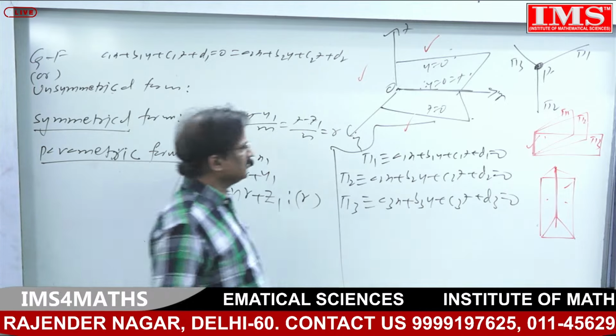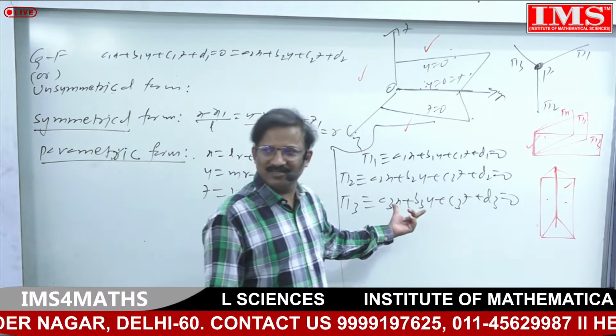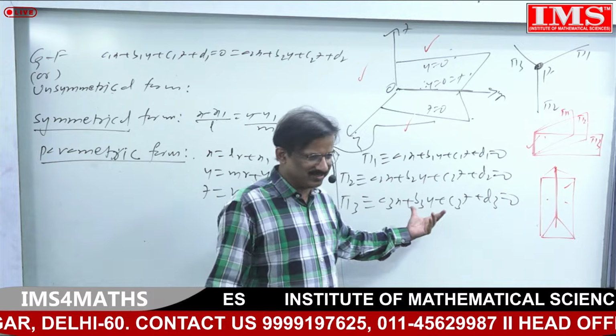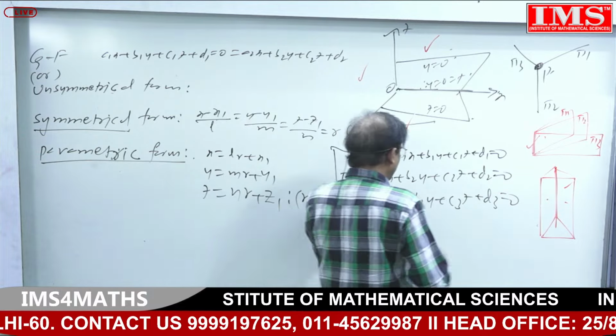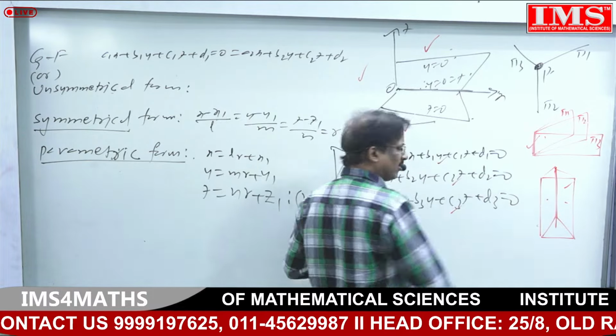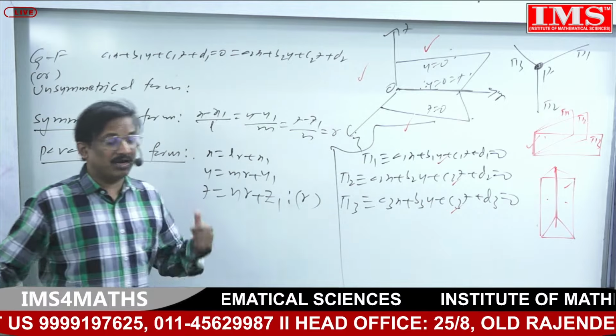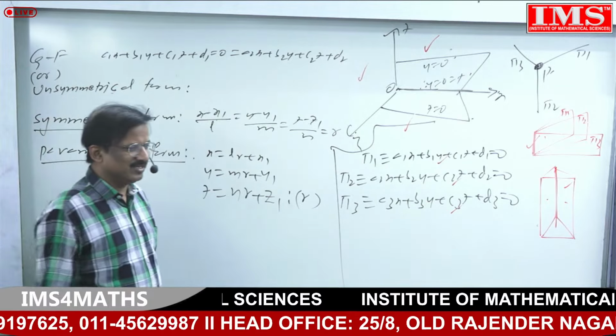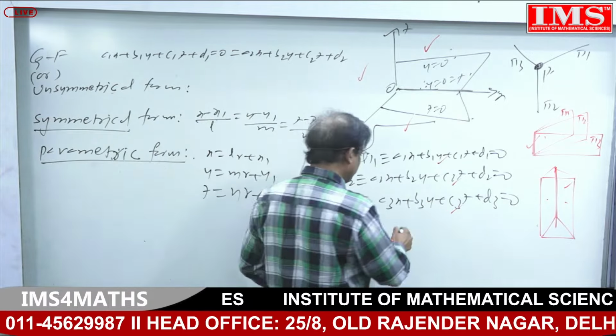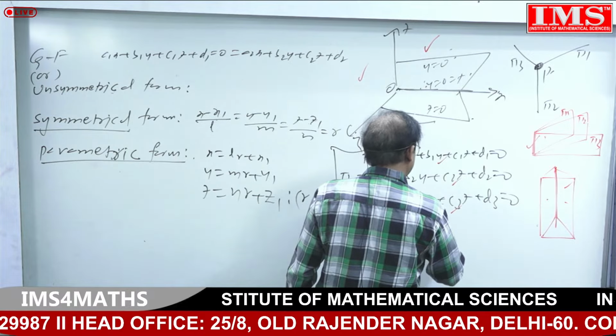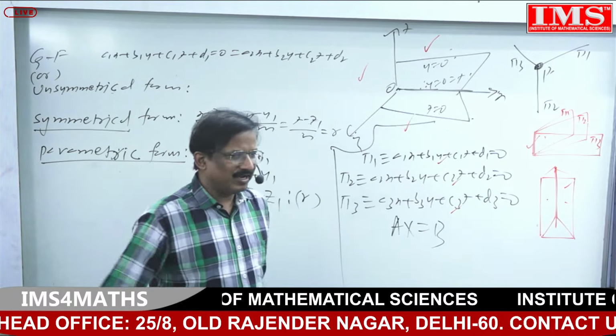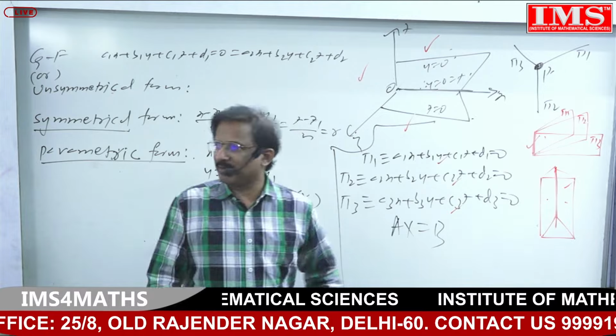See guys, you have three equations, and these three equations are known as a homogeneous or non-homogeneous system of equations? Non-homogeneous system of equations. You write this into a single matrix equation, Ax equal to B. And you go for the coefficient matrix determinant.